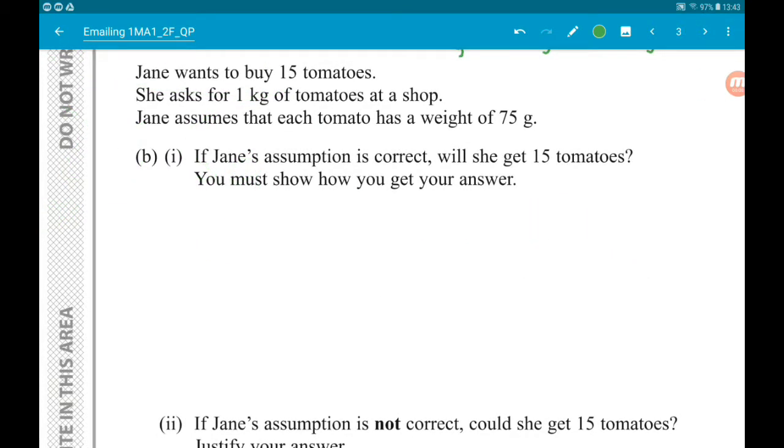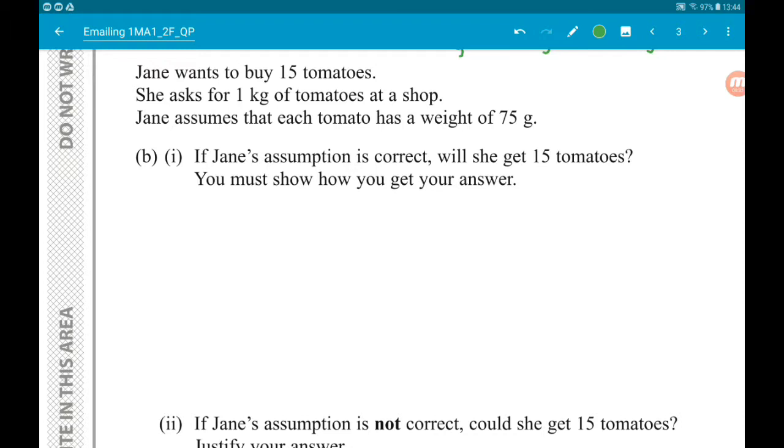Okay, then for part B, Jane wants to buy 15 tomatoes. She asks for 1 kilogram of tomatoes at a shop. Jane assumes that each tomato has a weight of 75 grams. B part 1 says if Jane's assumption is correct, will she get 15 tomatoes? You must show how you get your answer.